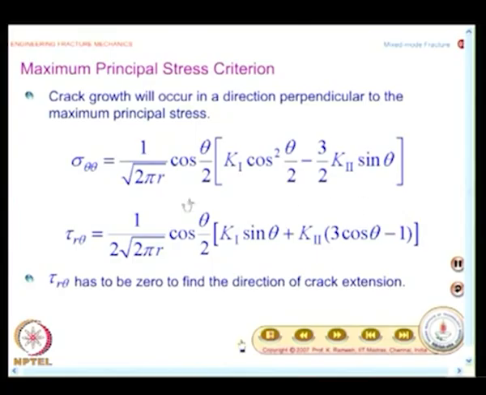And since I say that I am going to consider only the first term in the series, I am really looking for tau r theta to be 0 to find the direction of crack extension. Otherwise, I will take dou sigma theta theta divided by dou theta equal to 0, and from that you proceed.